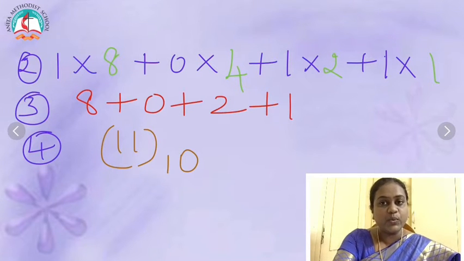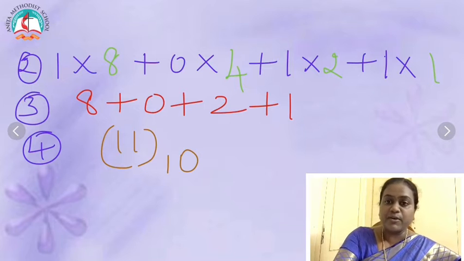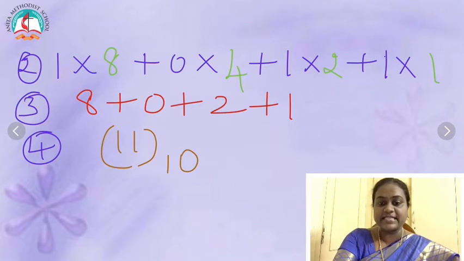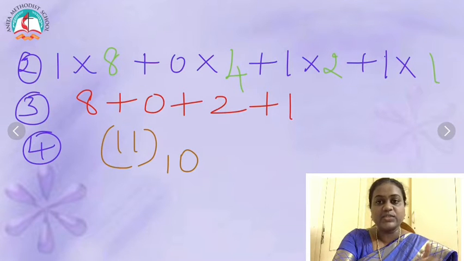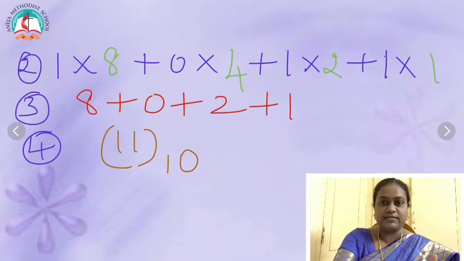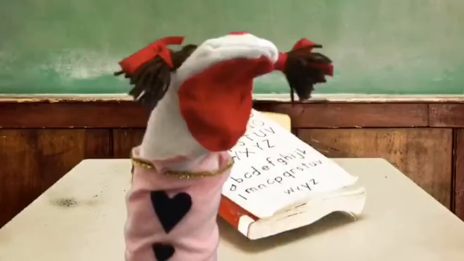This is how you will convert from octal to decimal and from hexadecimal to decimal. The difference is we change the base of the positional notation. Jasmine, can you tell me the steps to convert an octal number to a decimal number? Yes, miss.